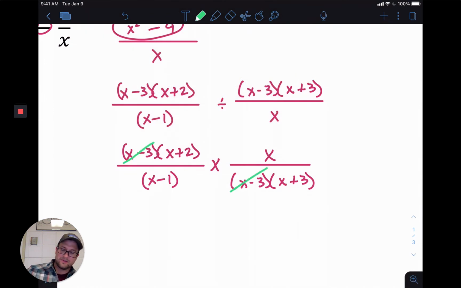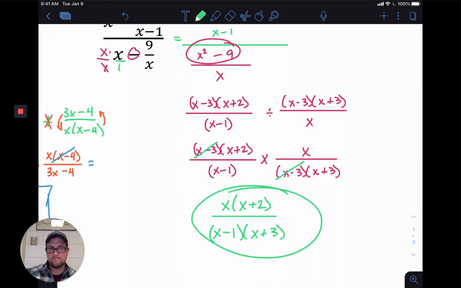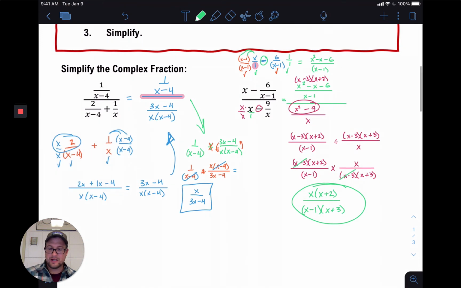They don't have anything else that's in common right now, so we'll have x times x plus 2 over x minus 1, x plus 3. And we're done. Taking a look at another problem.